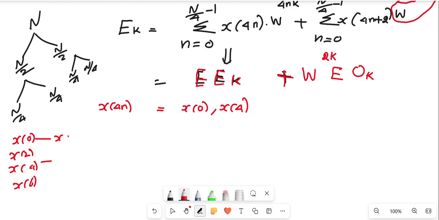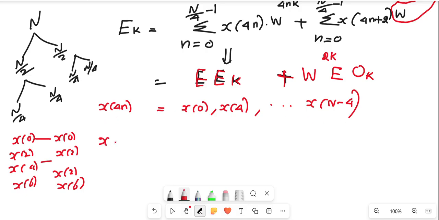So x of 0 and x of 2 only. The next term is x of 2 and x of 6 only. Odd and even function, x of 0, x of 4, up to x of N minus 4. Then x of 4n plus 2, this part, N by 4 means 8 by 4, 2 minus 1, 1. If it is 0, 0. If it is 1, x of 4.